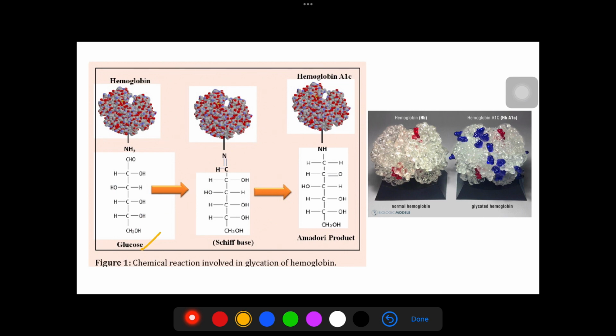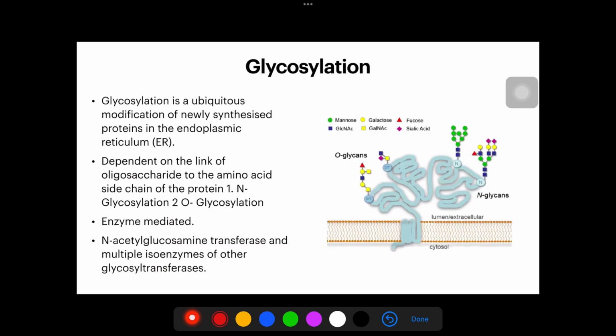Glucose with hemoglobin initially forms a Schiff base and then an Amadori product called hemoglobin A1c. Here you can see a model depicting normal hemoglobin and the HbA1c product, where blue colored structures are glucose attached to hemoglobin. Now let us also understand the process of glycosylation.